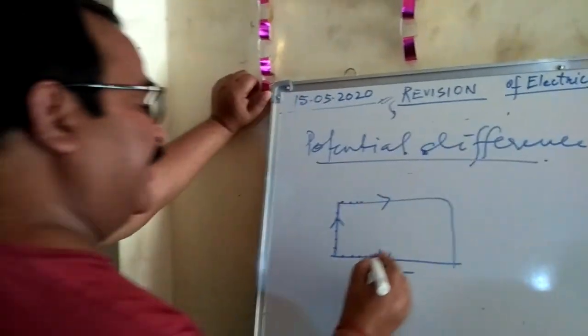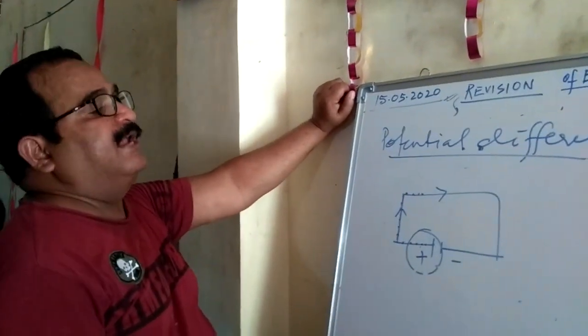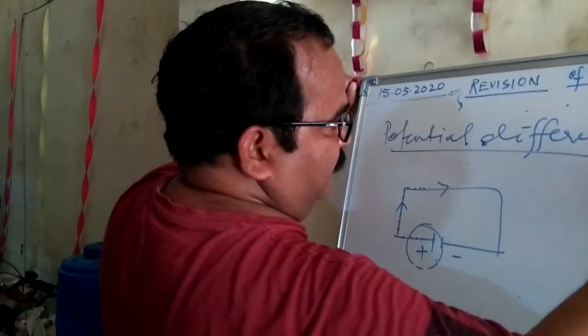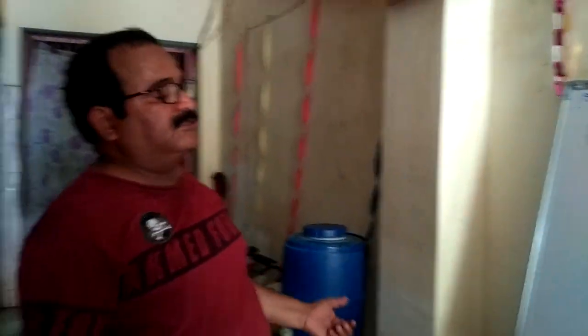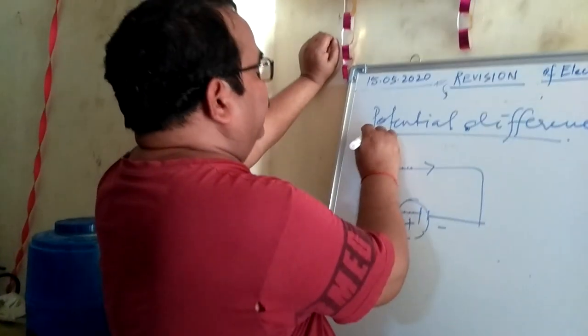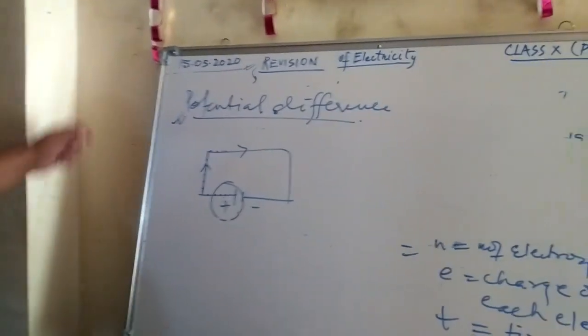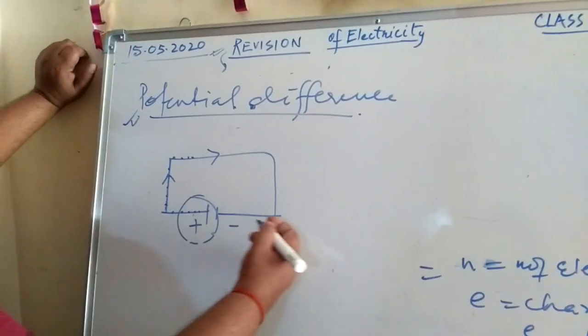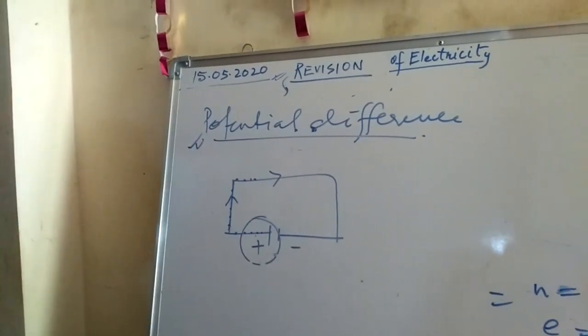If that happens, the current flows continuously. But if the potential difference is not maintained, the current does not flow.